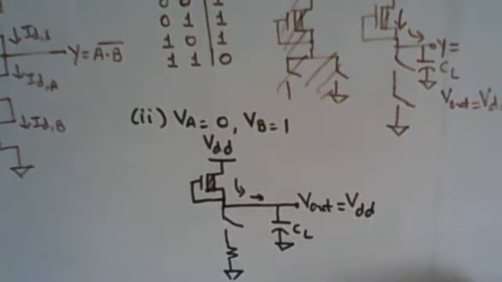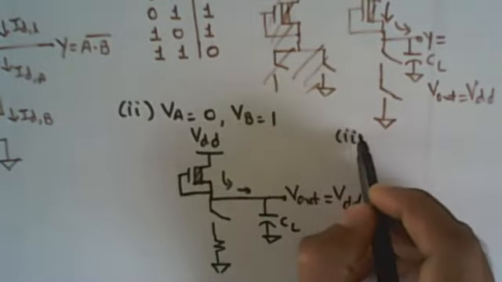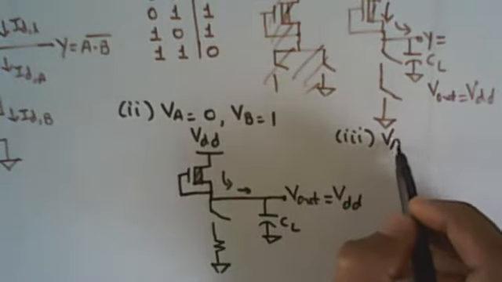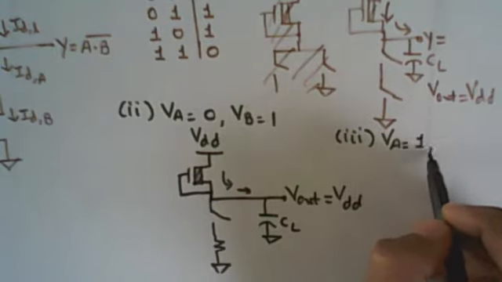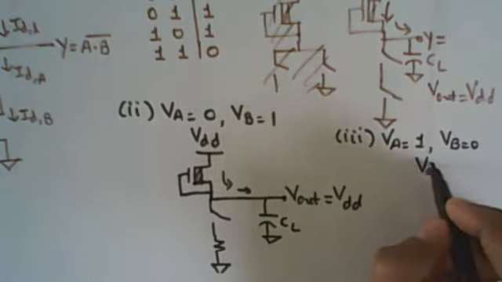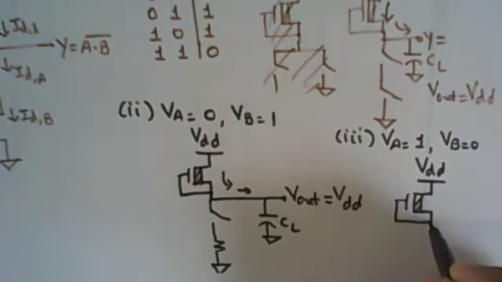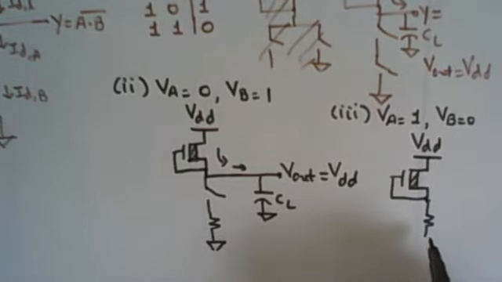Right? Now the similar third case, when VA is equal to 1 and VB is equal to 0. In that case the load MOSFET is operating in conduction, driver MOSFET A is on, but driver MOSFET B is in cutoff.